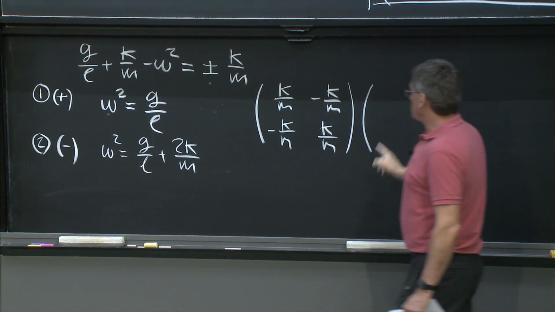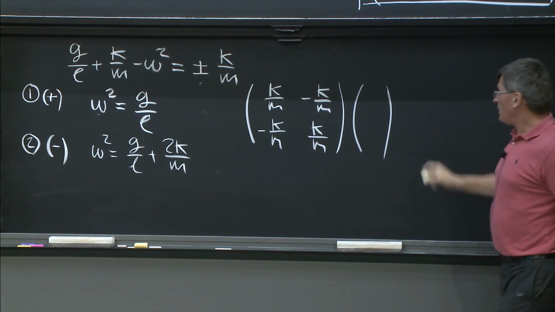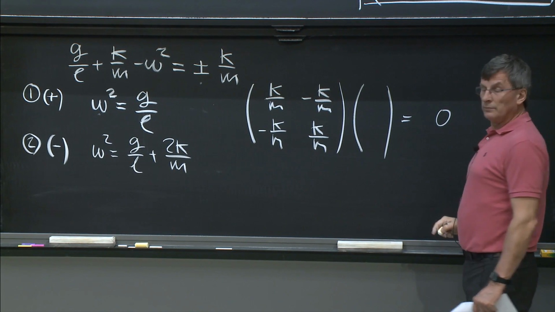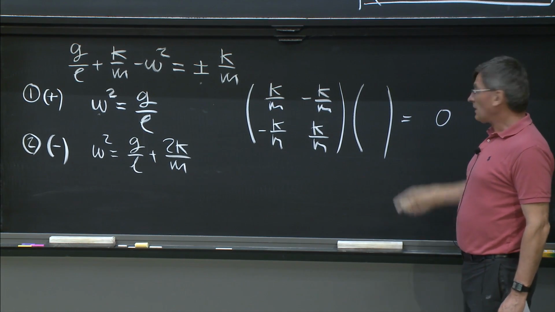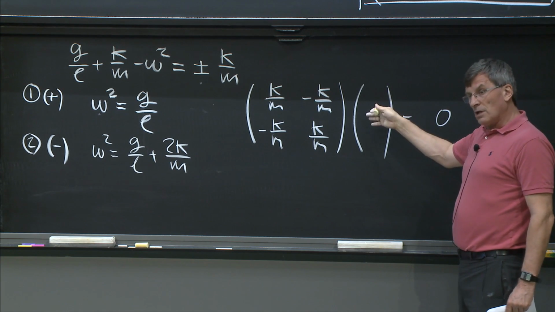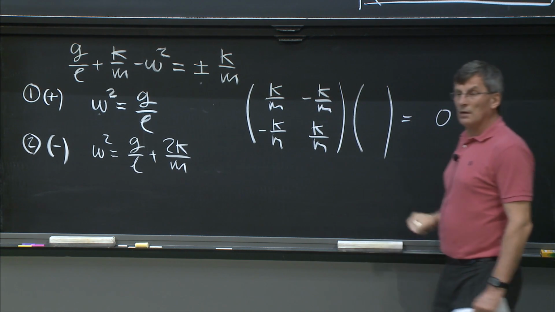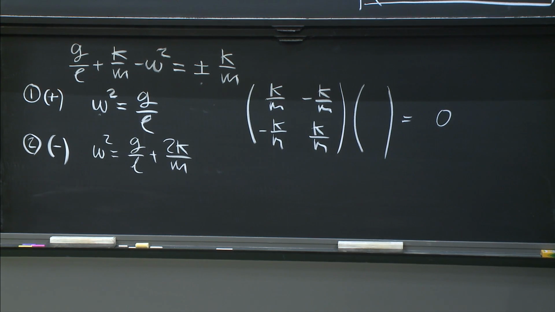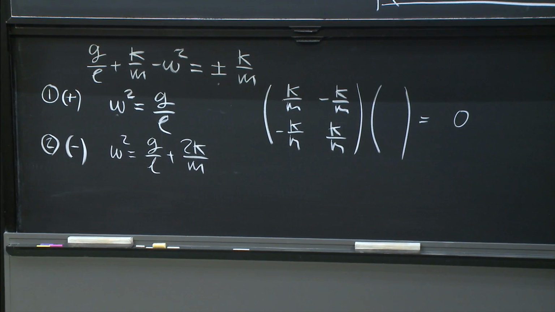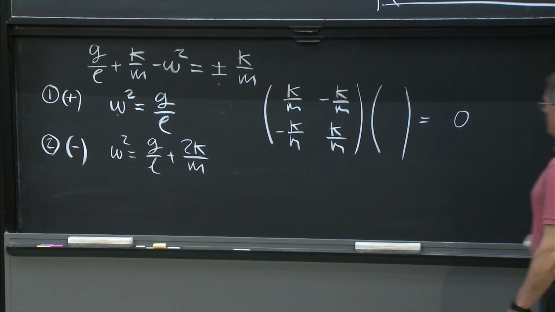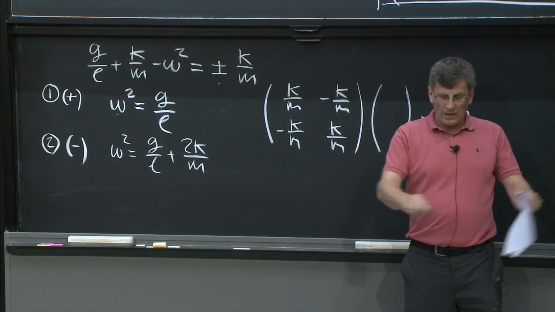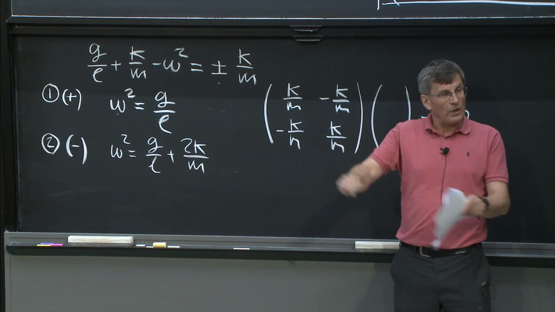So the question is, what sort of thing can you put here to get 0? What kind of vector can you plug into those two places such that the matrix times the vector ends up with 0? One example is that the amplitude is the same. Both of them move together.